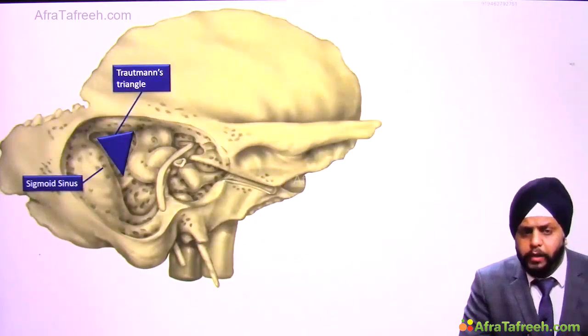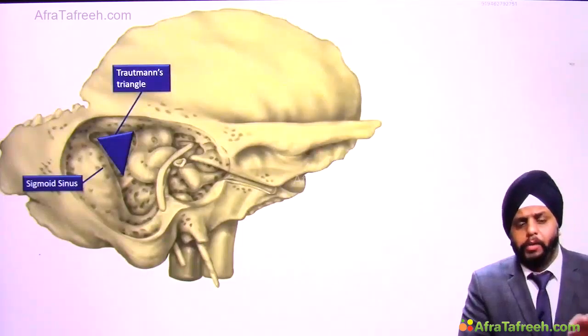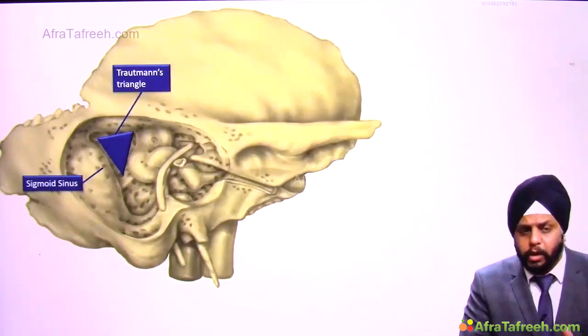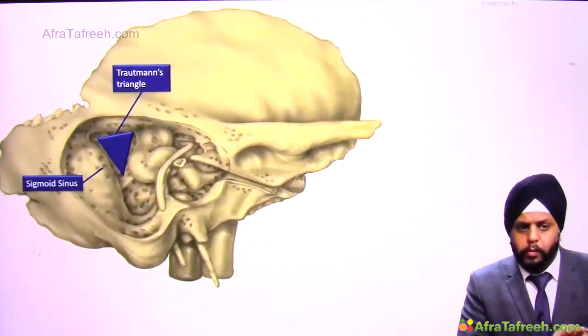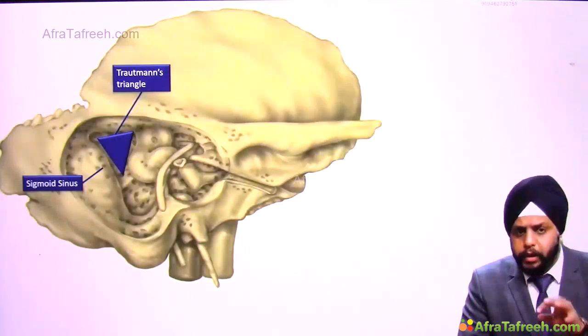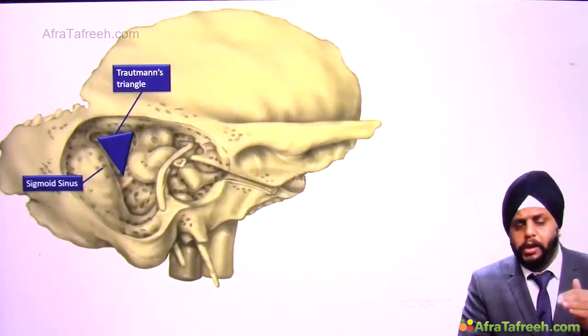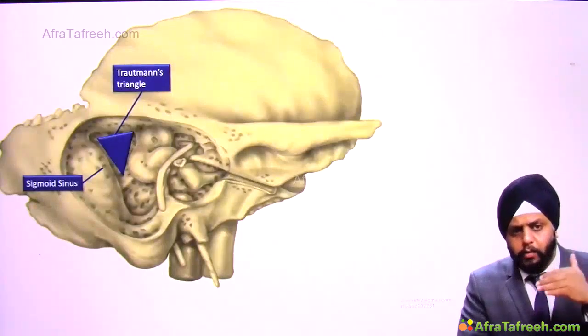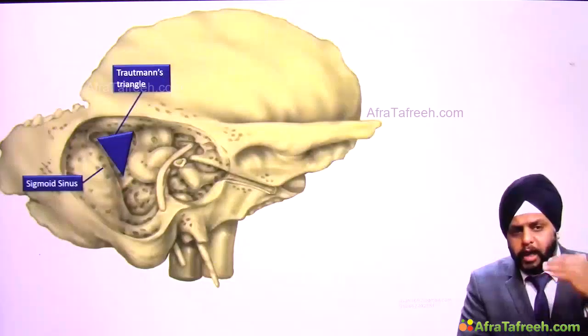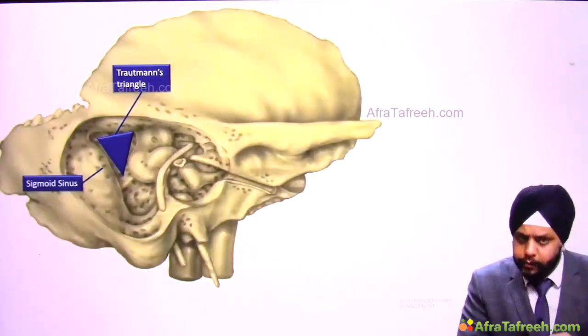Anterior to the sigmoid sinus we have the sinus plate, but right now I am not considering the bony boundary, just the soft tissue boundary. Why I am not considering the sinus plate, I'll tell you in some time.